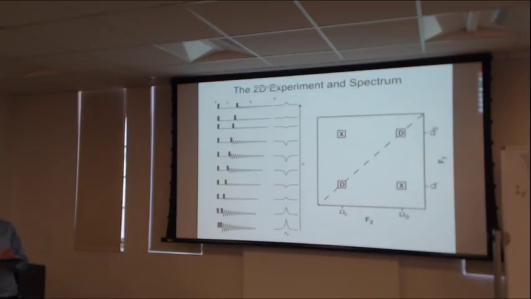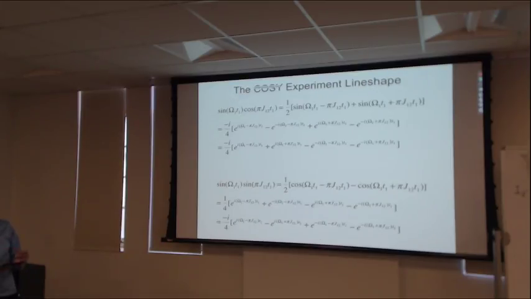And it's pretty easy to see how this is going to work. We can use trig identities first to write this sine times cosine as the sum of chemical shift minus pi J T1 and chemical shift plus pi J T1. And that tells us right away to get a doublet.